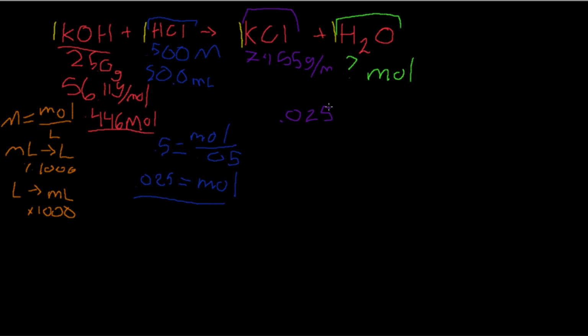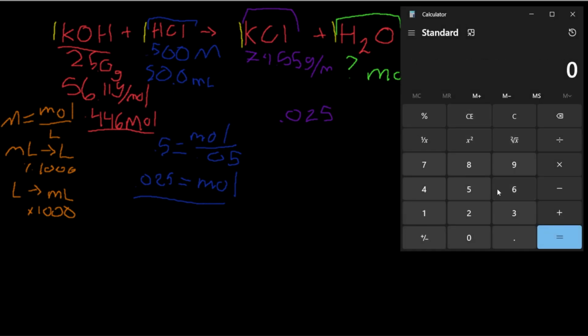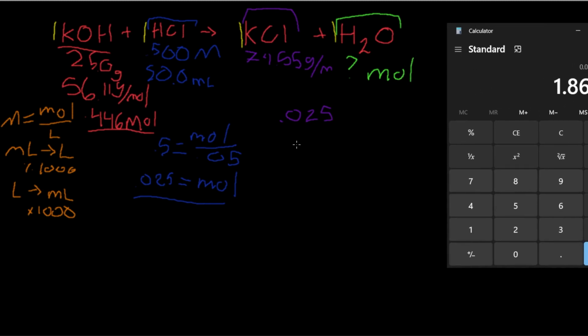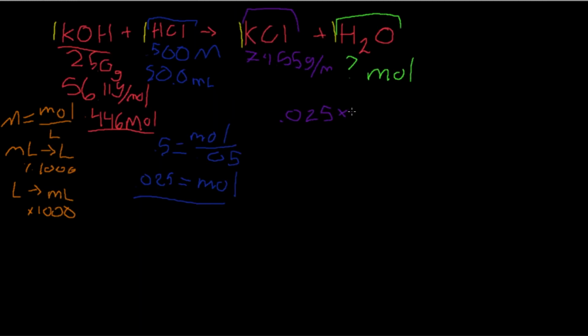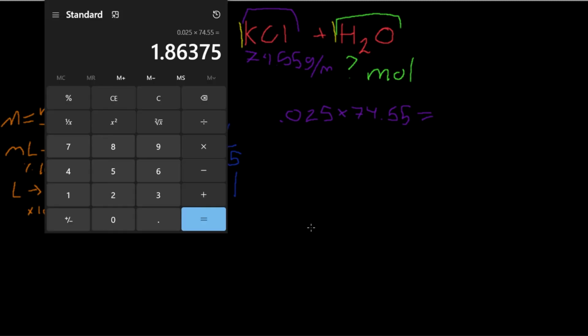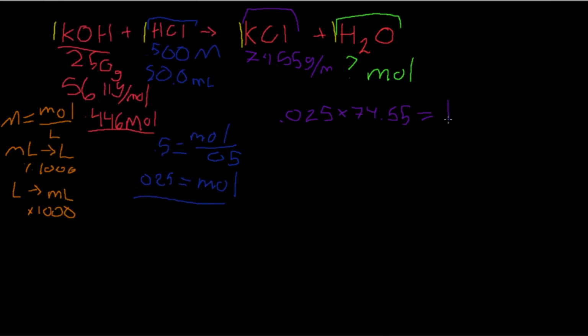So that means that's the amount of moles we have. And remember, to get from moles to grams, you multiply. So 0.025 multiplied by 74.55 equals 1.86 grams.